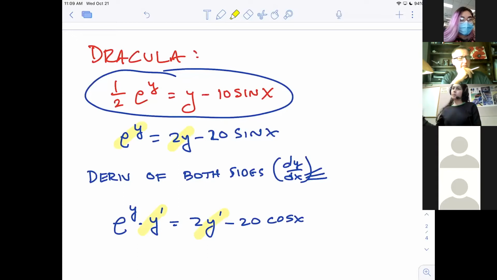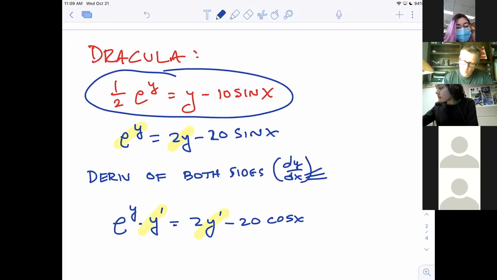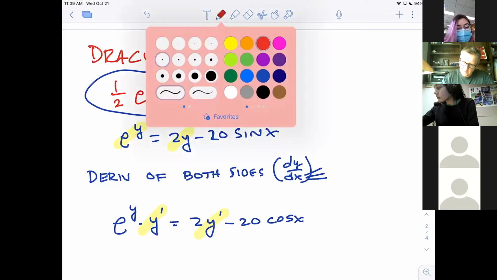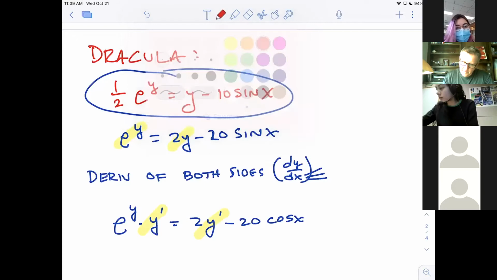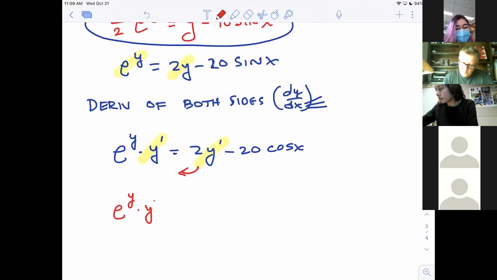Now I just have to solve for y prime. This time, all the multiplication has been done. All I have to do is collect everything on the same side. It doesn't make any difference what side you collect it on, so I'll move that over to this side for now. So I have e to the y times y prime minus 2y prime, and then that negative 20 is left over there.